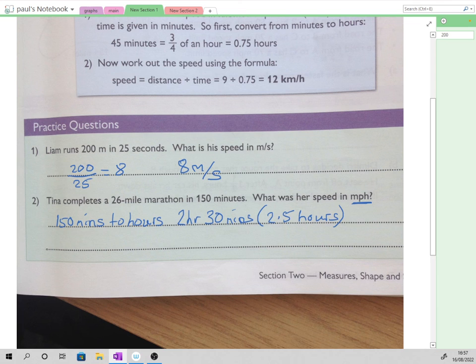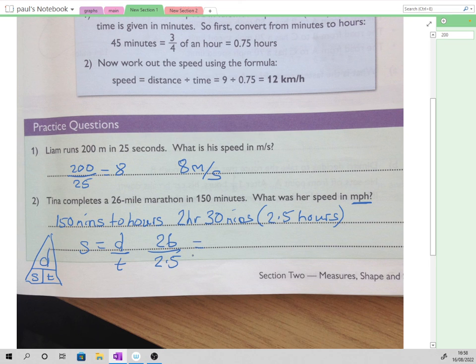What's the speed? So we need the little triangle, don't we? We've got the speed, the time, and the distance. Got to work out the speed. So the speed equals the distance divided by the time. The distance is 26 and the time is 2.5.